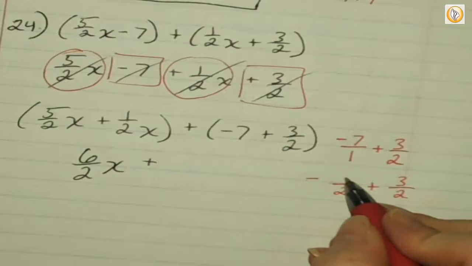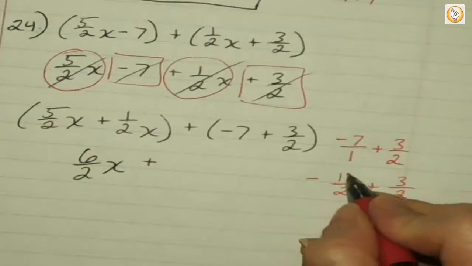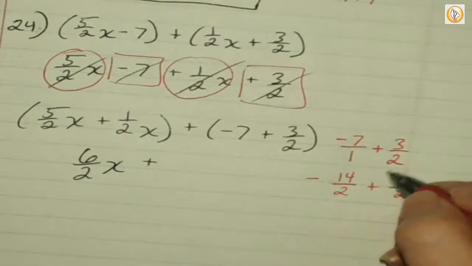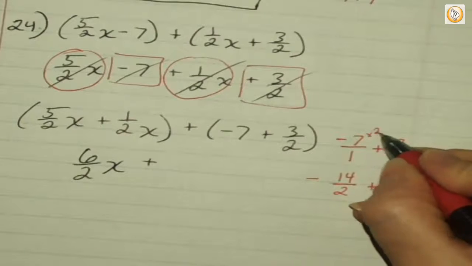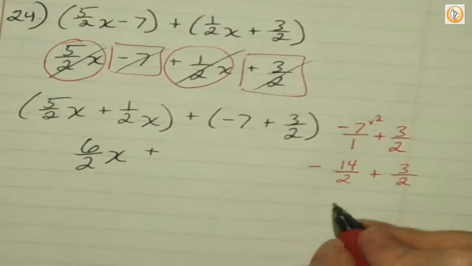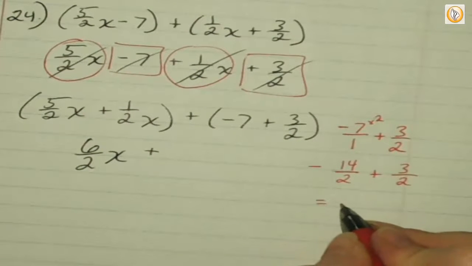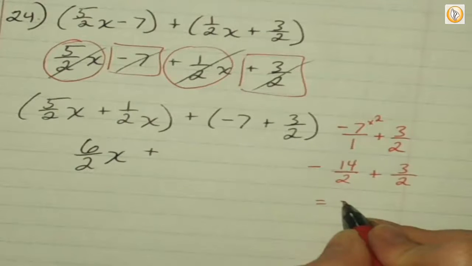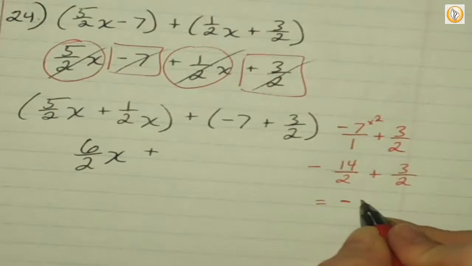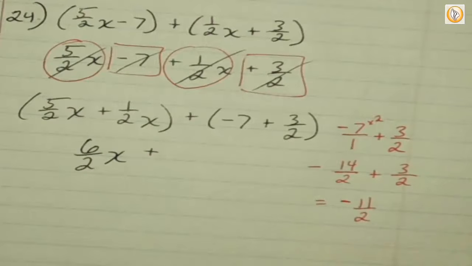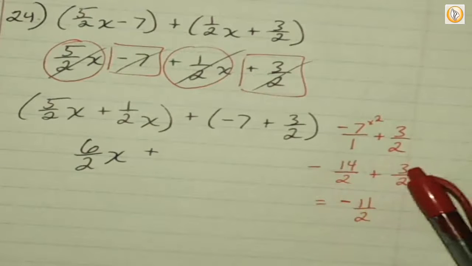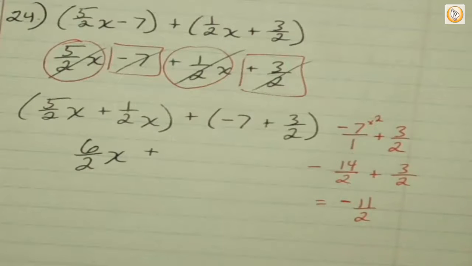What's my new numerator? Negative 14, because 1 goes into 2 two times, so 2 times 7 is 14. So then what's my answer? Negative 11 over 2. Very good. Because negative 14 and 3 gives you negative 11.